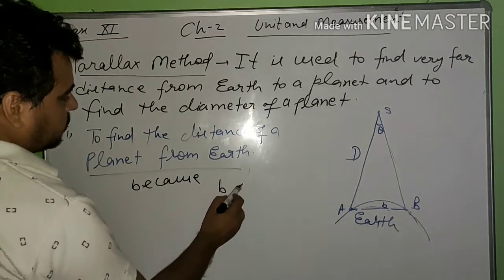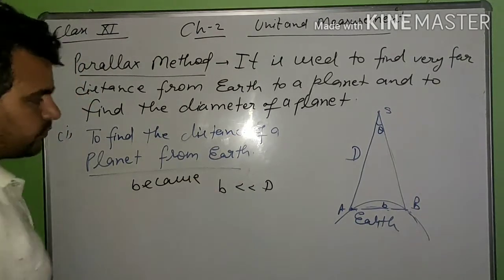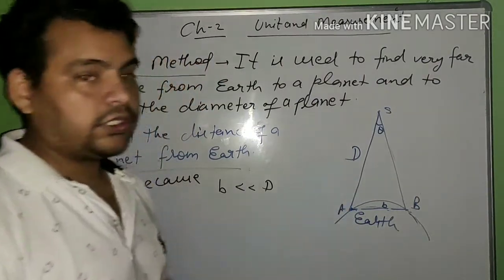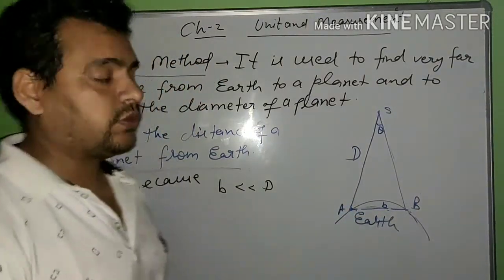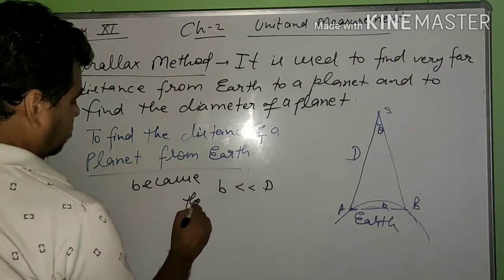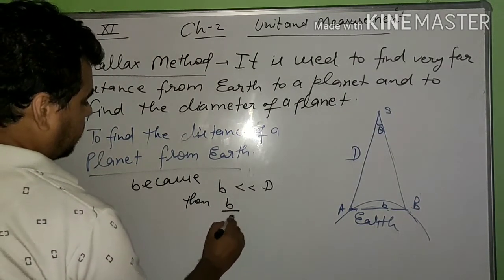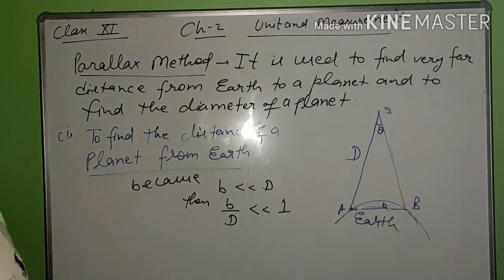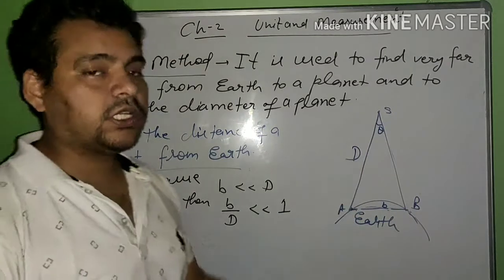Because b is very small compared to D, if the planet is very far away from the Earth, then b upon D is less than 1.